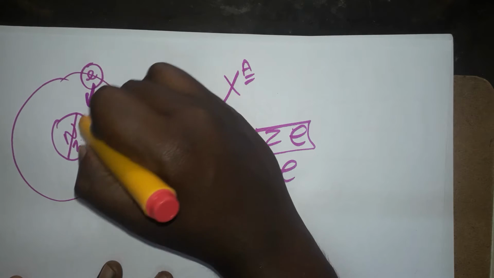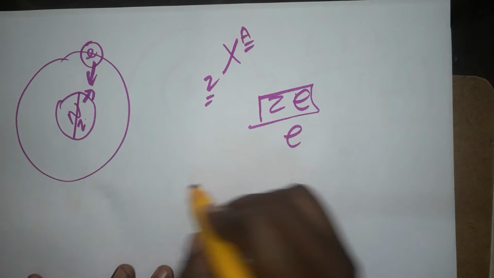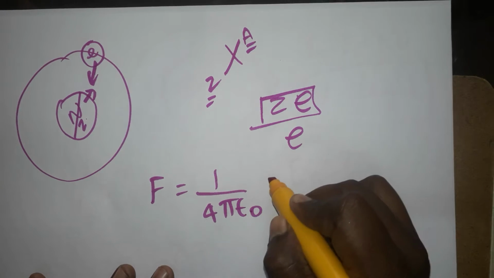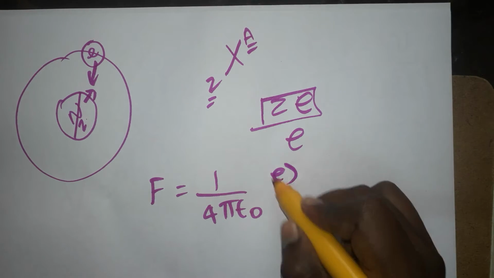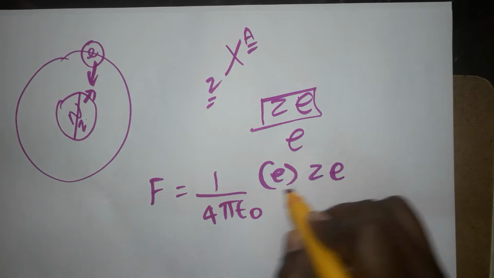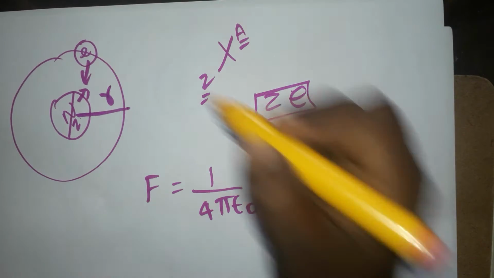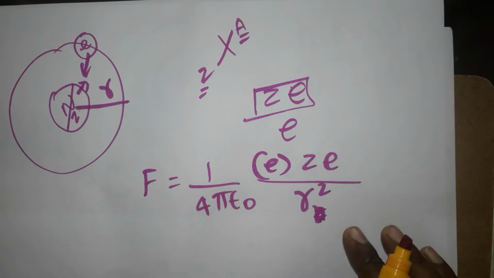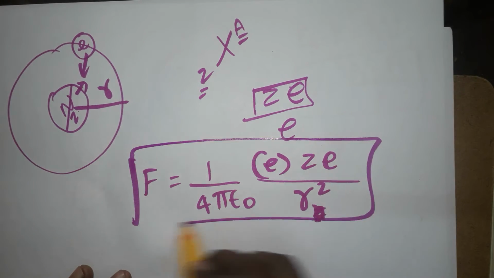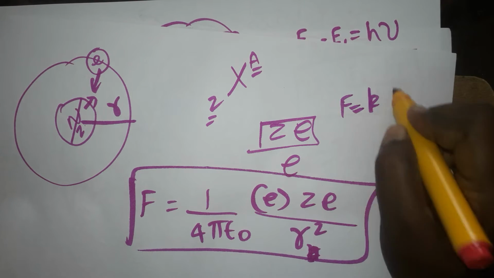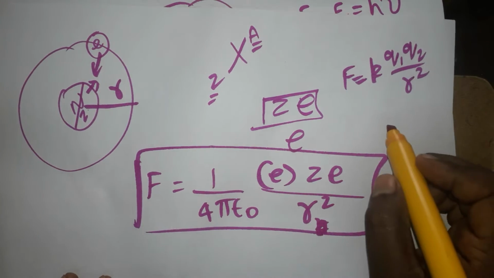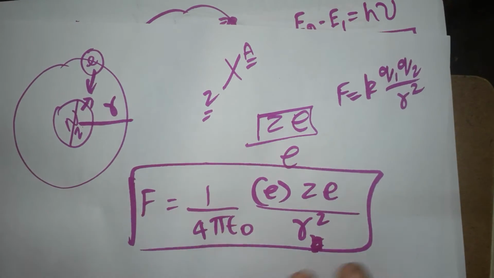The electrostatic force between these two is F equal to 1 divided by 4 pi epsilon naught times Q1 Q2 divided by the radius of the orbit squared. It is the same equation F equal to K Q1 Q2 divided by R square, but here Q1 is the electron and Q2 is Z times the proton charge, giving Z e square.